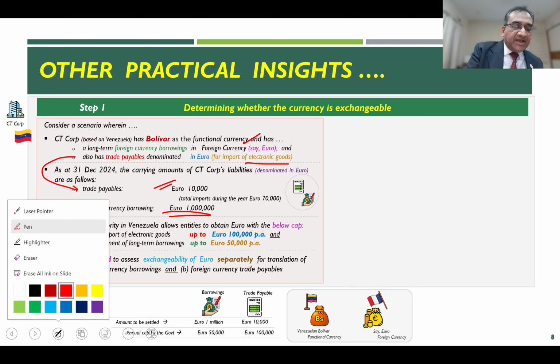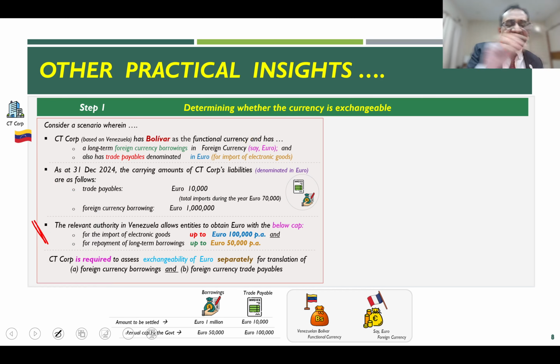Now, with this fact, the additional fact given in this case study is that the relevant authority in Venezuela allows entities to obtain the foreign currency euro with the below cap. That means there is a maximum ceiling up to which the local company, in our example Citicorp, will be able to convert into euro.